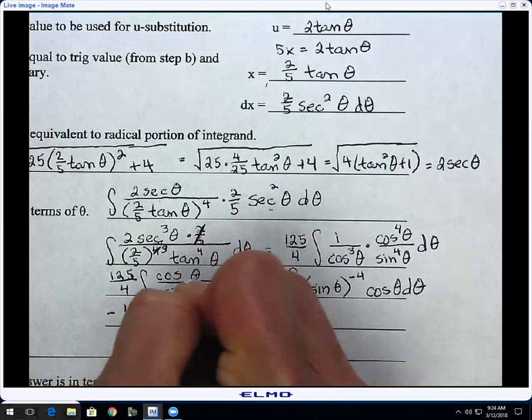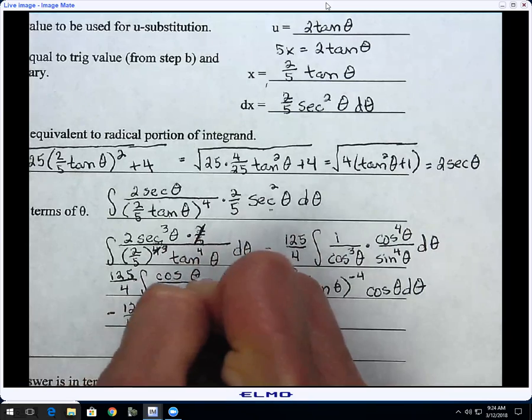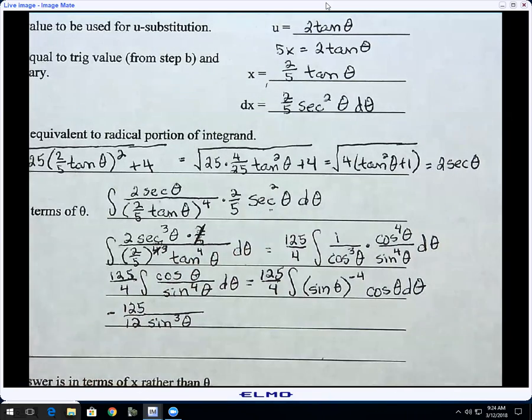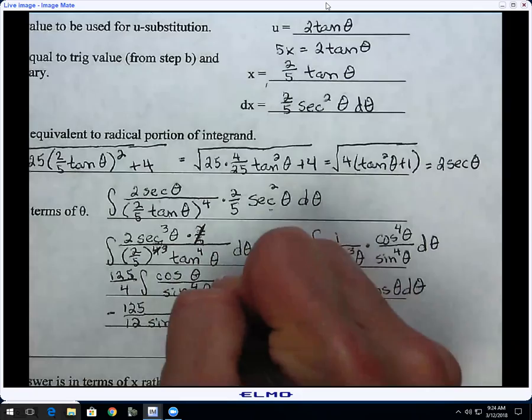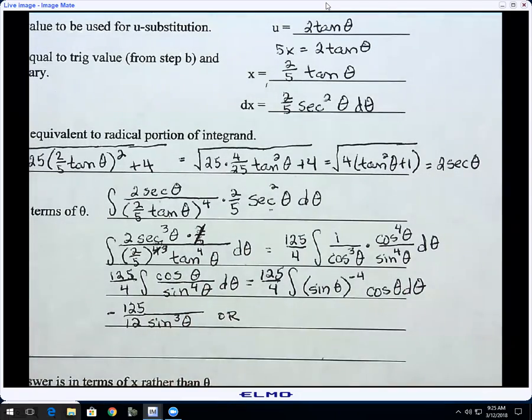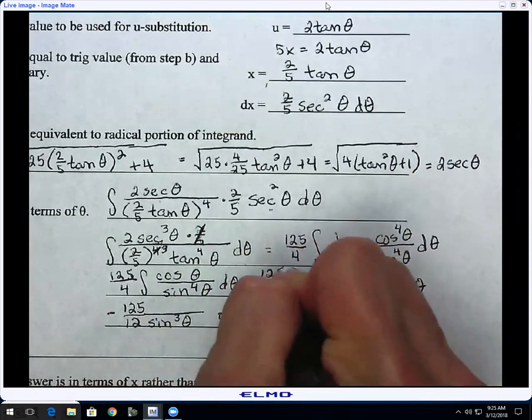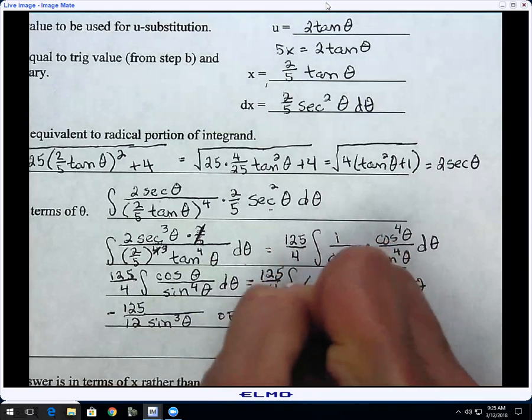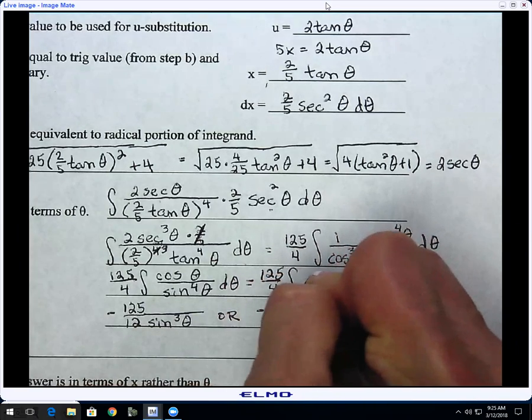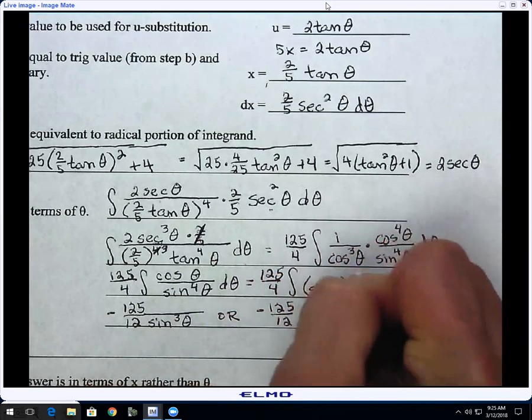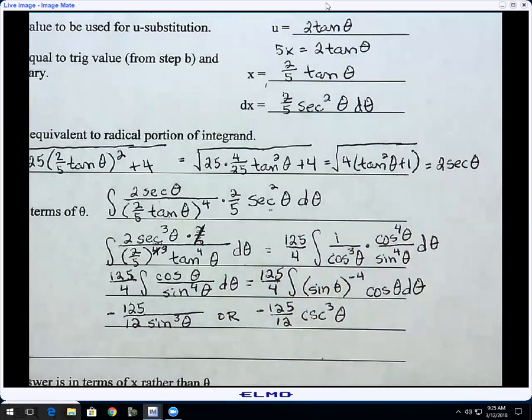I could just put the sine cubed in the denominator. And that's perfectly fine, 100% okay. Or I could write that as -125/12 times cosecant cubed theta. Either one of those would be okay.